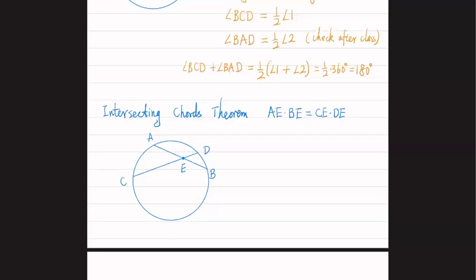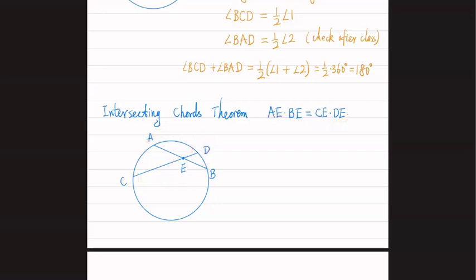It's not easy to prove this directly, but in the equivalent form, if we convert the product to two quotients, AE over CE corresponds to this side, BE over DE to this side.